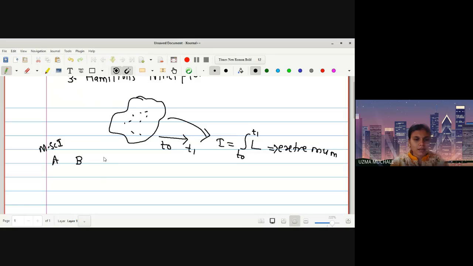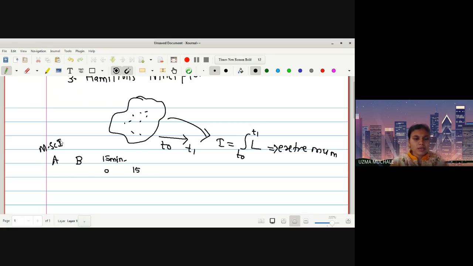Suppose the time interval provided to you is 15 minutes. According to that, what will be t naught? It is 0. What will be t1? It will be 15 minutes.